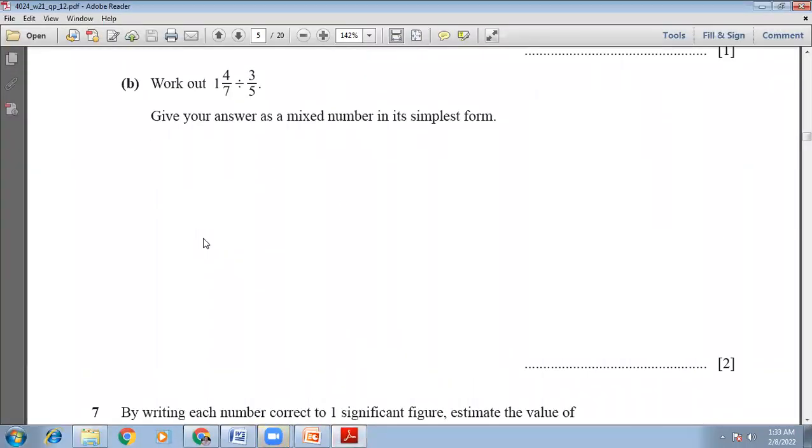Question number 6, B part. He says work out 1 whole 4 by 7 divided by 3 by 5. Give your answer as a mixed number in its simplest form. So 7 ones are 7, and 7 plus 4, that will be 11 by 7 divided by 3 by 5.